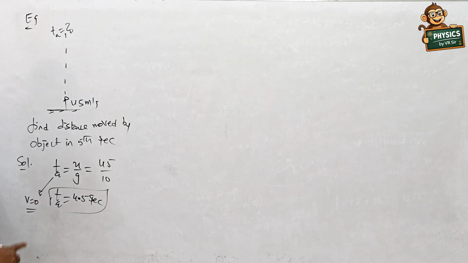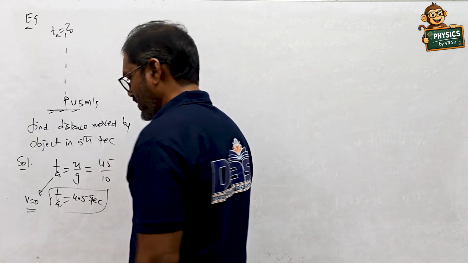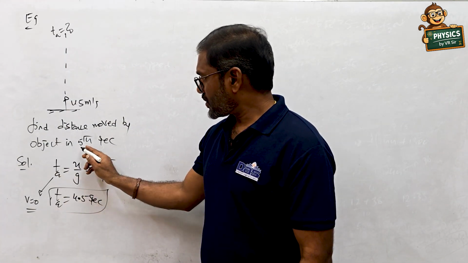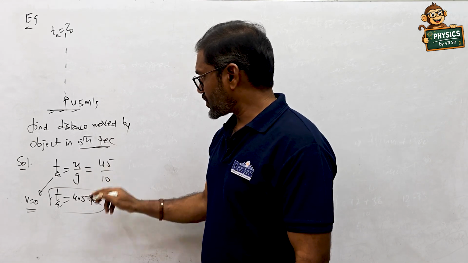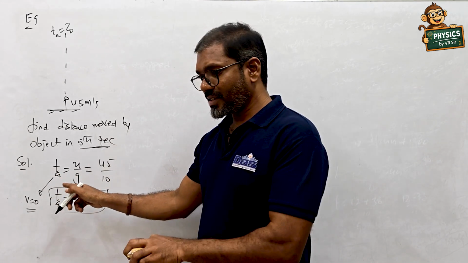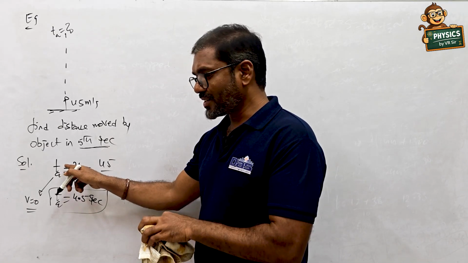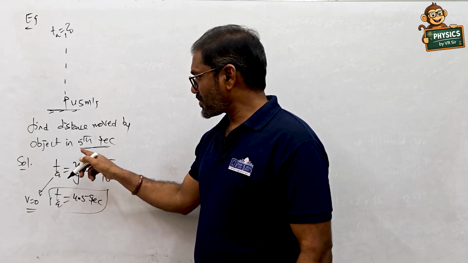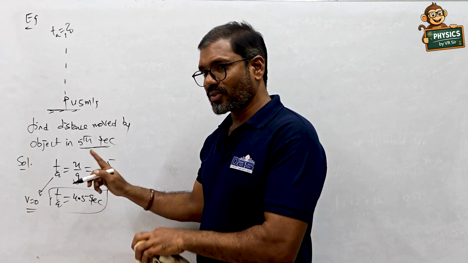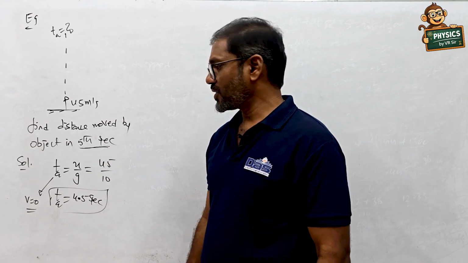Based on the previous sessions, we should be clear that for a given instant of time, first we should know at what time the velocity is 0. If the velocity is equivalent to 0 at a particular time, and that time is less than the given time, then definitely the body is going to change its direction.